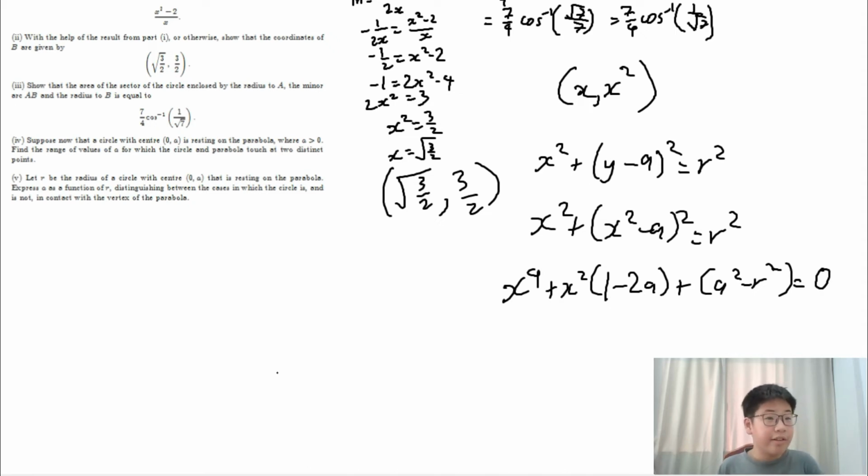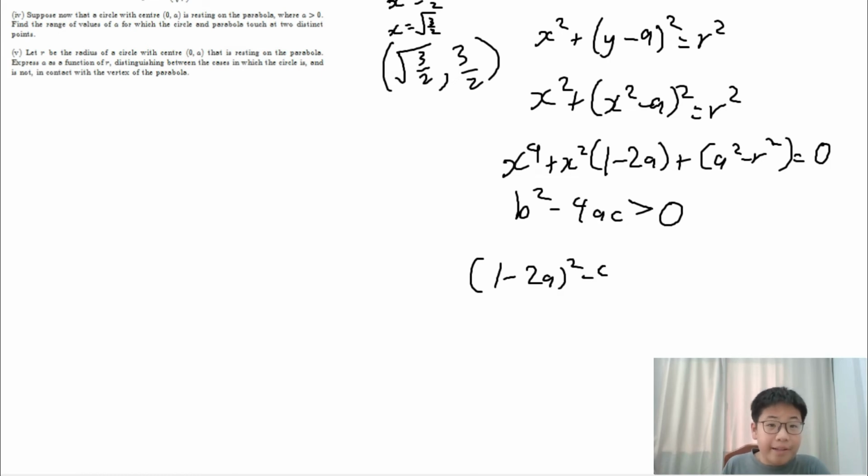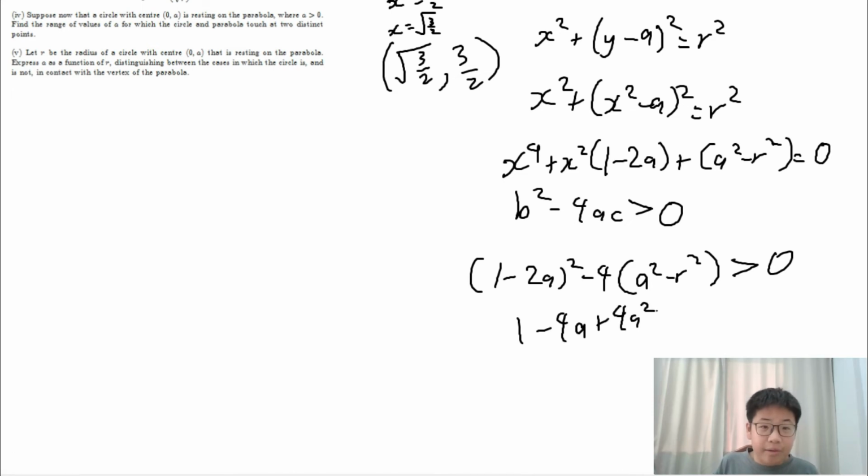So find the range of values for a for which the circle and parabola touch at two distinct points. So we need to find the range of values where b squared minus 4ac is greater than 0. So (1 minus 2a) squared minus 4 times (a squared minus r squared) is greater than 0. So 1 minus 4a plus 4a squared minus 4a squared plus 4r squared is greater than 0.